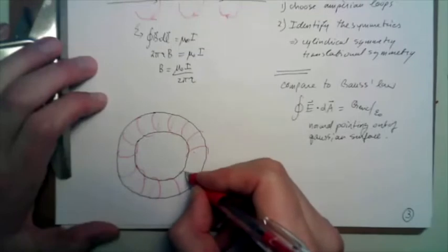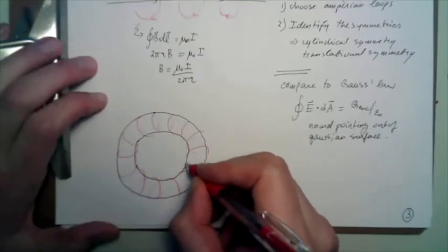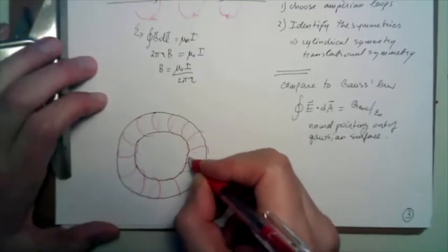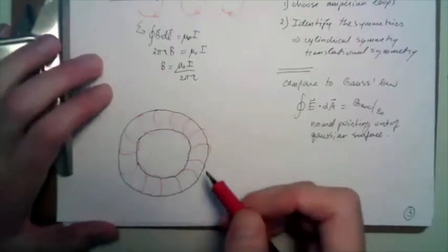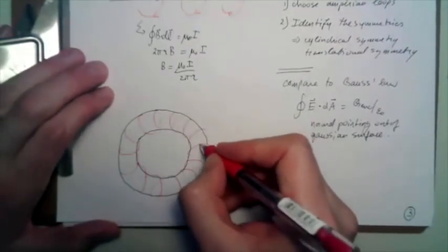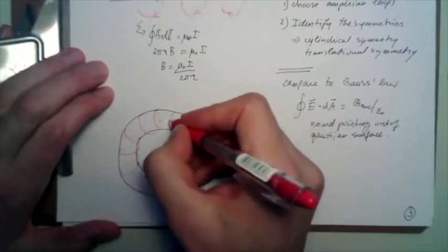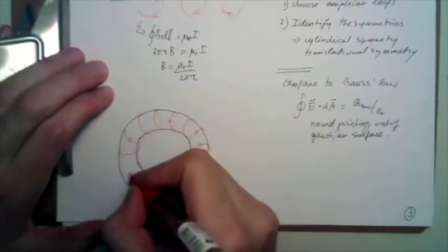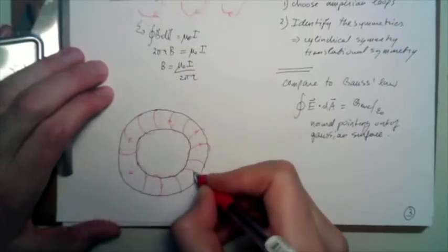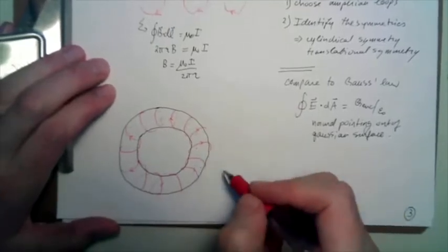So there are really quite a lot of wires, and we'll say that the current goes like this, like this, and like this.